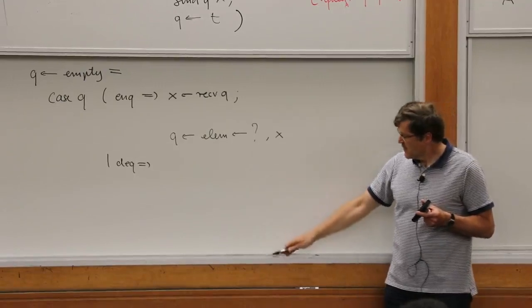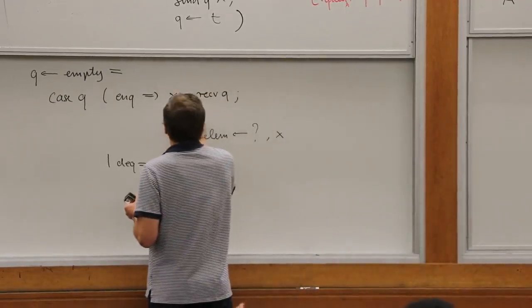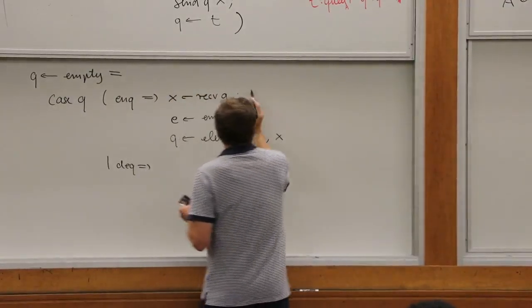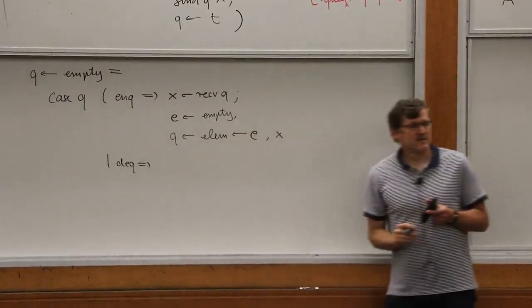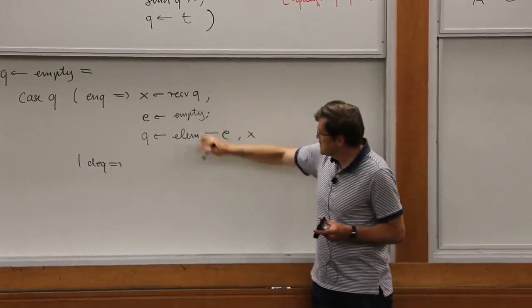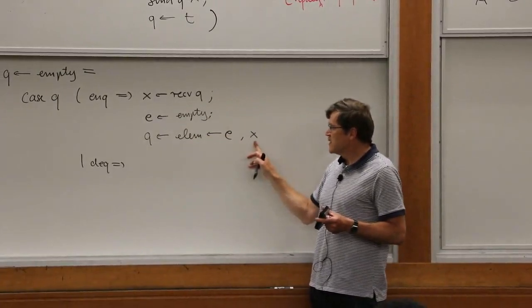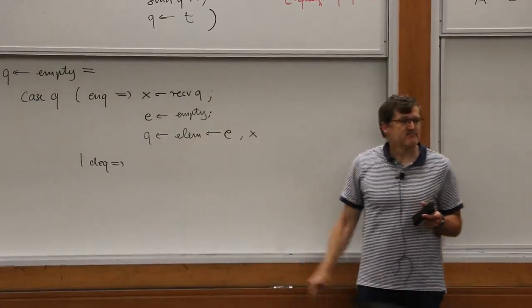Empty, but we don't have empty because that's us. So we have to start a new empty process and then pass that into here. Okay, so we start a new empty process E, and we pass that into the element process together with the element X, and further interactions now along Q go to this element process.